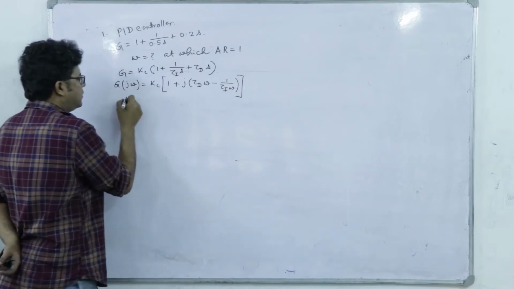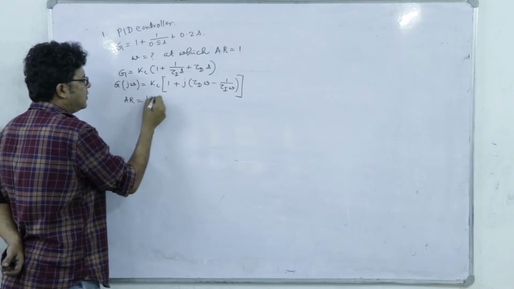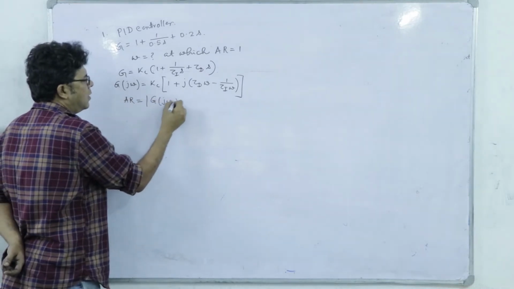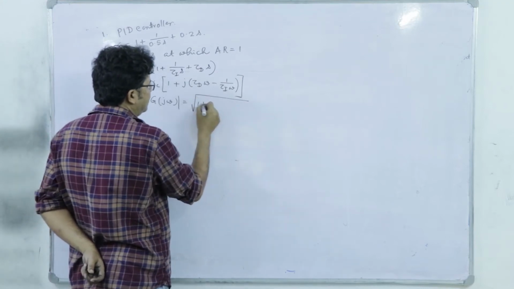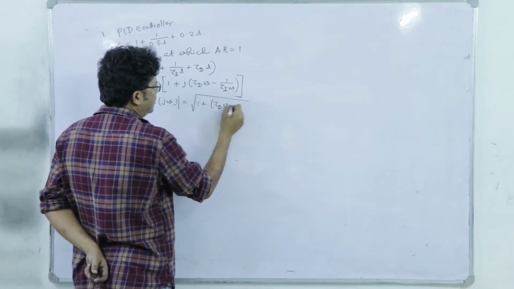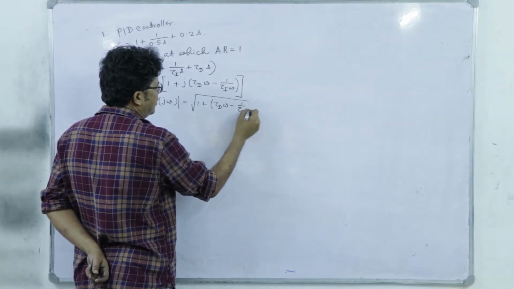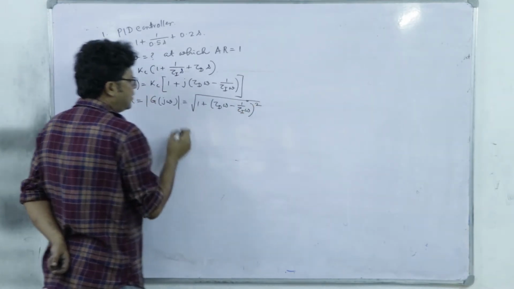So, the amplitude ratio, mod of G(j omega), is Kc times the square root of 1 plus (tau d omega minus 1 by tau I omega) whole square.